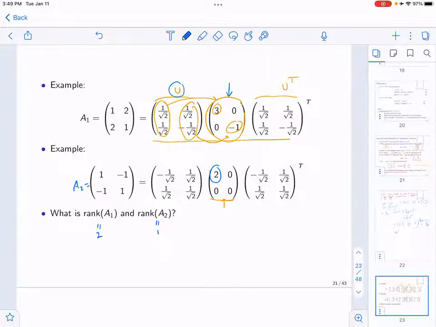Because there are 2 pivots in A1, 3 and -1, and in A2 they are linearly dependent, so there's only 1. If you want to be simpler, for a diagonal matrix, how do you determine the rank in general? I give you a diagonal matrix. What is the rank? I see someone in the chat, but would you want to say it out loud?